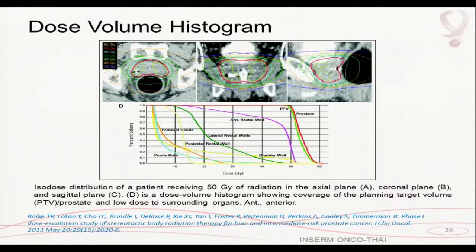That's an example in radiotherapy with 50 gray of radiation, in the case of the prostate. Most of the dose is inside the prostate, and for the surrounding tissue, what you want is to have a minimum dose in order to protect it.